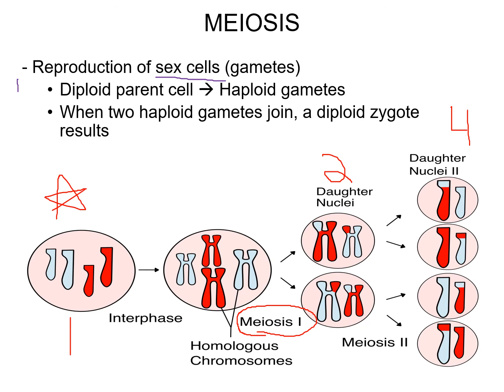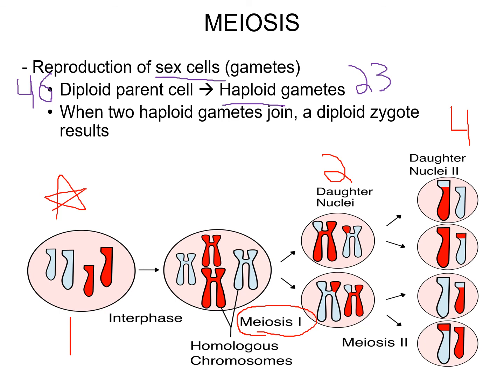So we take our cells, our 46 chromosomes, double the DNA to make 92, then split them to 46, and then split them again to make our haploid number, which is 23. In a guy's sperm, there are only 23 chromosomes. In a lady's egg, there are only 23 chromosomes. When they get together, the birds and the bees, magically, you get a baby, and that baby hopefully has all 46 chromosomes in their gene pool, in their DNA.